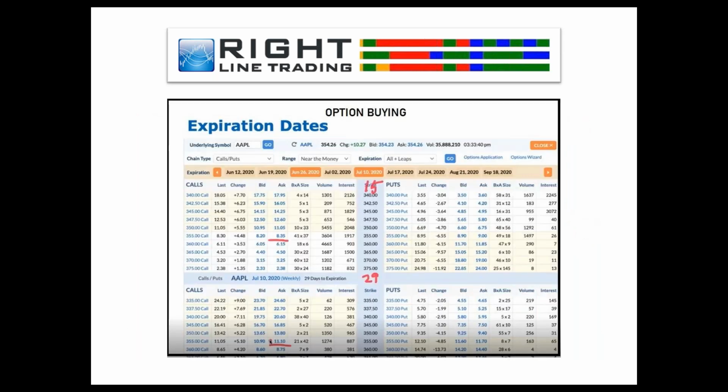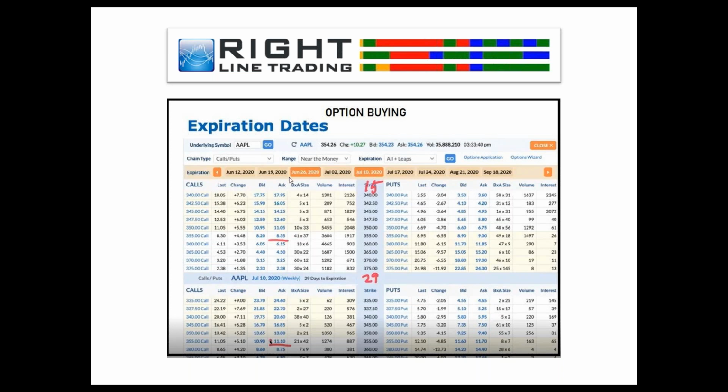Now, let's take a look at options buying. This is just an options chain, and I just snapshotted this off of what could be a potentially daunting number of options and expiration dates and volumes and open interest.